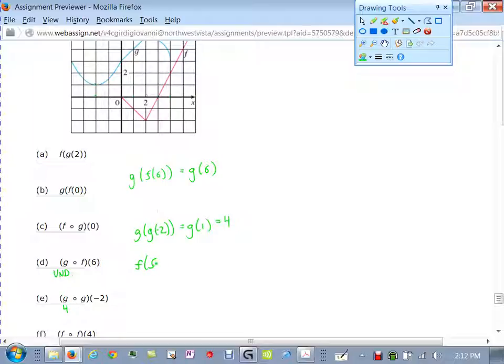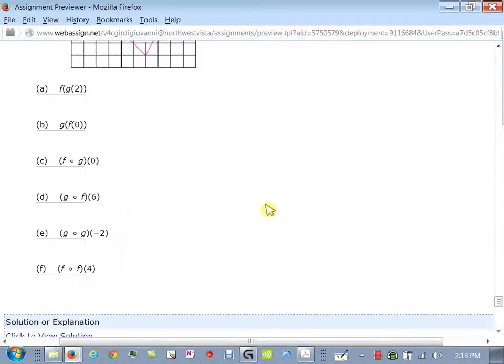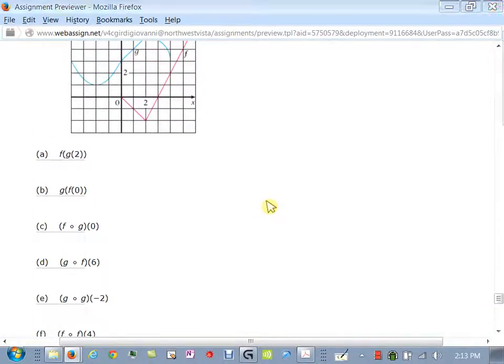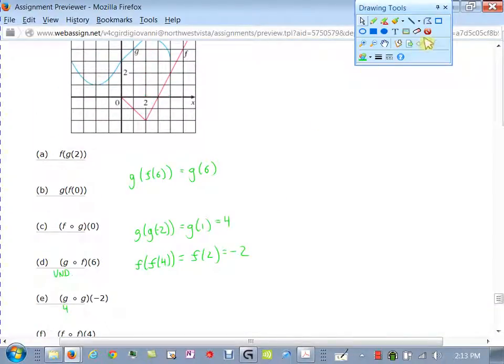It's kind of cut off there on the bottom of the page. 1, 2, 3, 4, 1, 2. So f of 4 is 2. What's f of 2? 1, 2. Well, it's negative 2. I think there's one more down there. No, that was it. Okay.